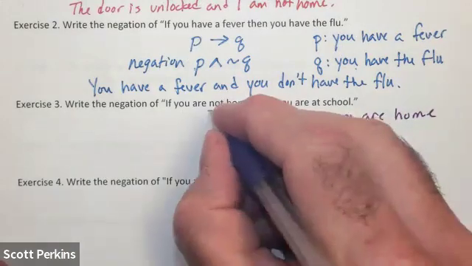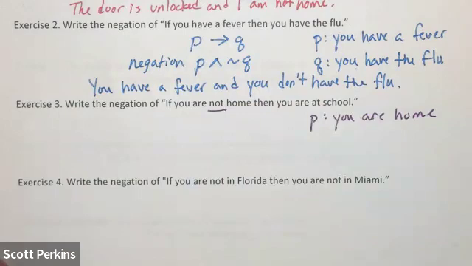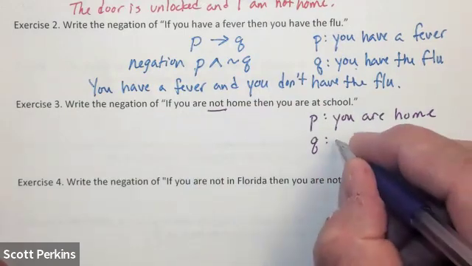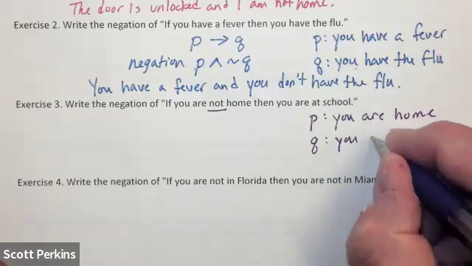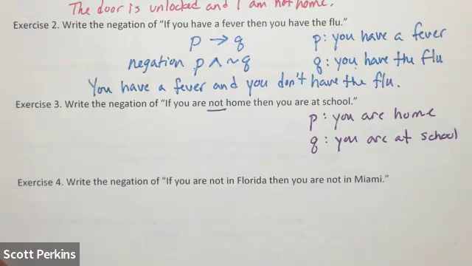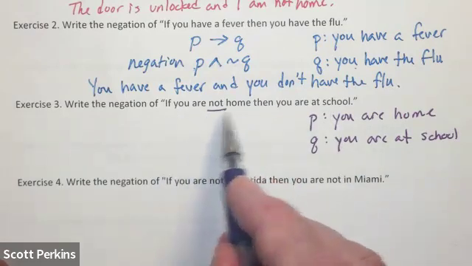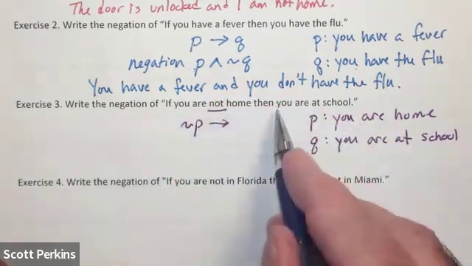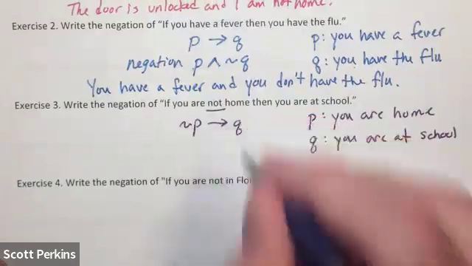Remember, we always define our simple statements in the positive. We add the negation in later. Q is you are at school. So when we write this conditional statement symbolically, if you are not at home, that is squiggly P, then you are at school, that is Q.